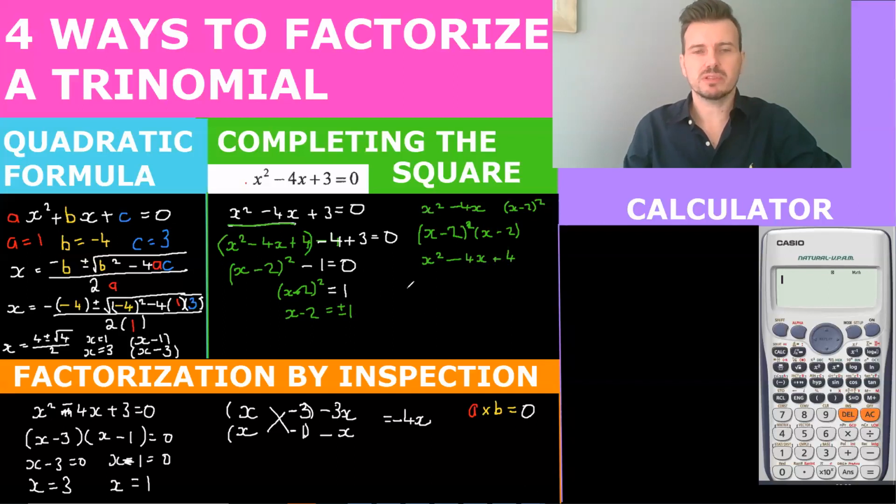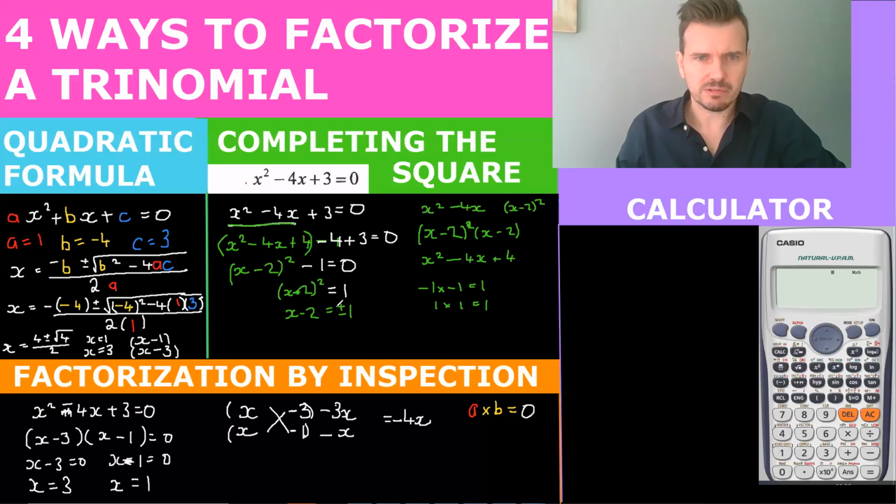Because when I square root a number, I get plus or minus. And that comes from, if you have negative 1 times negative 1, it's still 1. And 1 times 1 is 1. So when you square root this, this could be a plus or a minus 1.